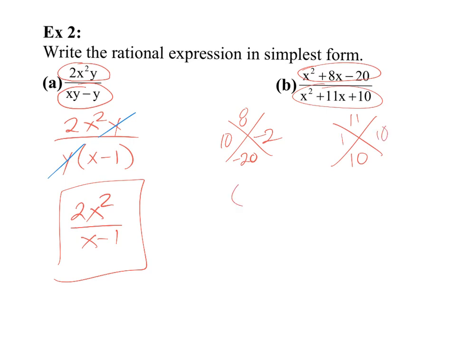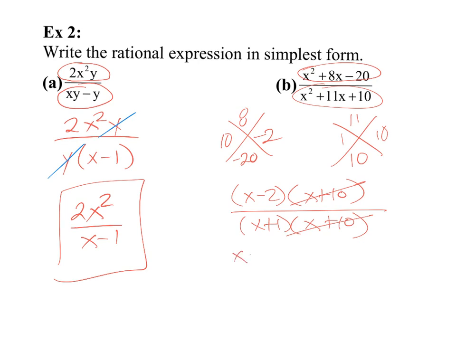So on top, we're going to have x minus 2 times x plus 10. On the bottom, we're going to have x plus 1 times x plus 10. Okay, now we have these common factors that cancel out, so we're just left with x minus 2 over x plus 1.